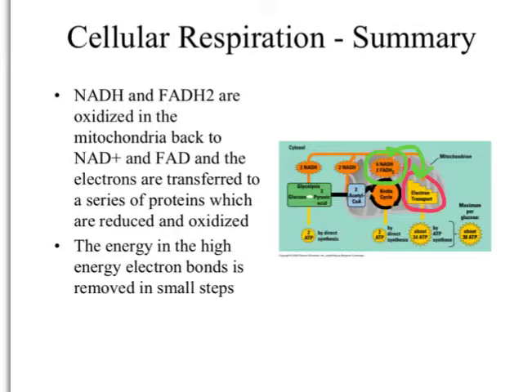They drop them off with those proteins in the electron transport chain and get reduced back to NAD plus and FAD. And the high energy in the electron bonds is being removed in small steps, where at each step the electrons are passed along the electron chain. The hydrogens go from one side of the membrane to the other side of the membrane.